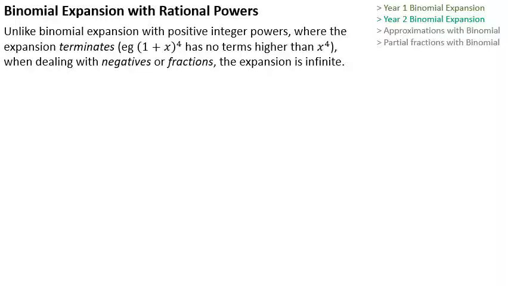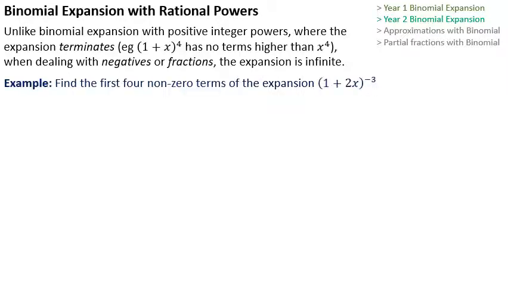And that's because eventually, if you keep going, you'll get to a point where you're multiplying by 0. And everything from that point on has 0 as a factor. There'll be 0 x to the 5s, 0 x to the 6s, and so on. However, if we have a negative or a fractional power, we get an infinite expansion. I'll show you with an example, and then you'll see how it works.